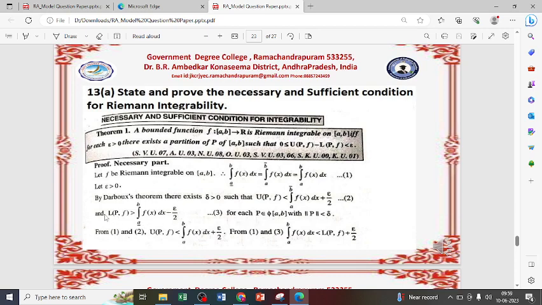If you take this side, this becomes L(P,f) plus epsilon by 2 will be greater than lower integral. But lower integral is also the same as the integral. So integral a to b f(x) dx will be smaller than L(P,f) plus epsilon by 2. This is another inequality.